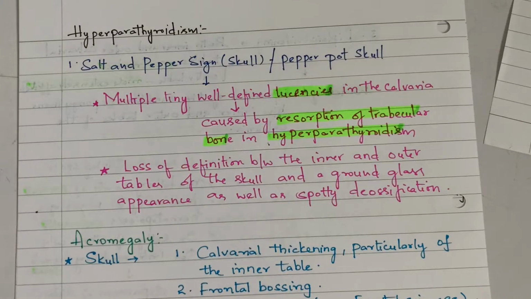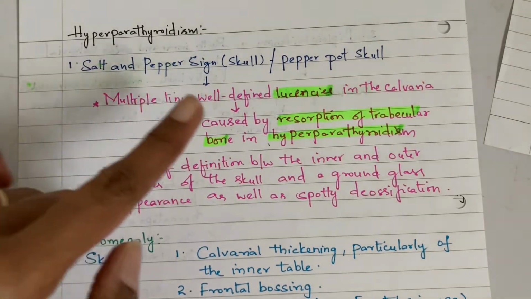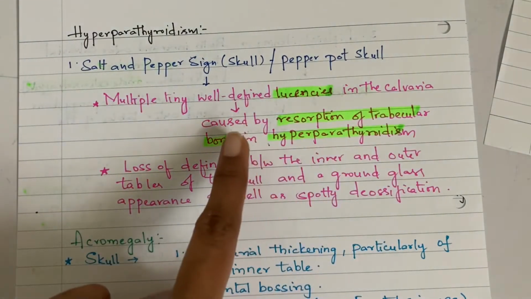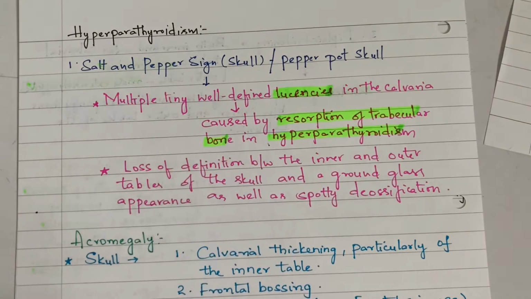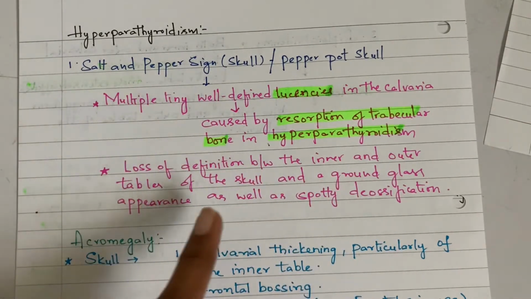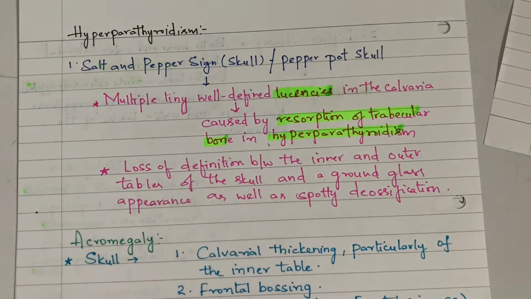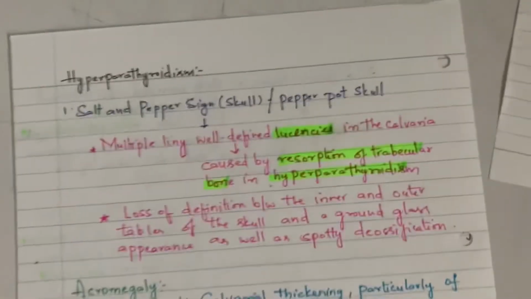Why does it occur? It's due to multiple tiny well-defined lucencies, because of resorption of trabecular bone in hyperparathyroidism. This leads to loss of definition between the inner and outer tables of the skull and a ground glass appearance, as well as spotty de-ossification.